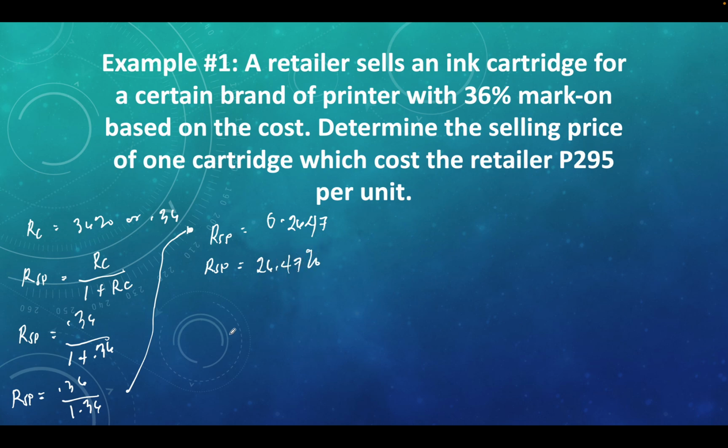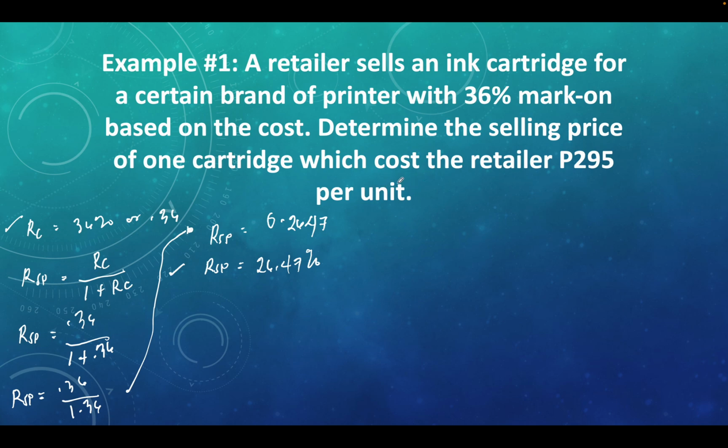Okay? So, yung rate based on cost natin is 36%. And then, rate based on the selling price natin is 26.47%. So, i-check natin kung tama ba yung makukuha natin. Para i-check natin, yung rate based on cost mo, i-multiply mo siya sa cost. And then, yung rate based on selling price mo, i-multiply mo siya sa selling price.